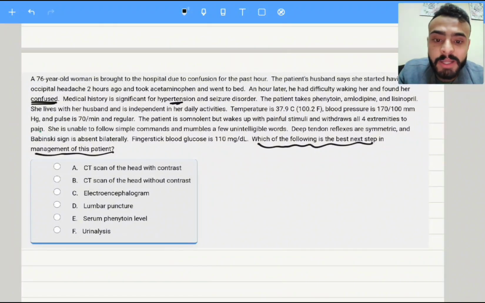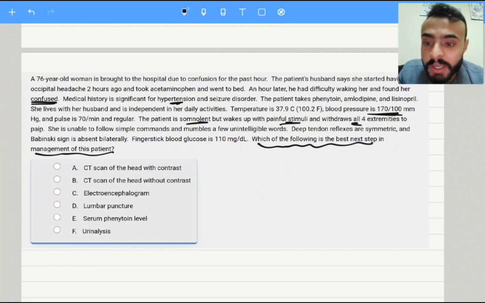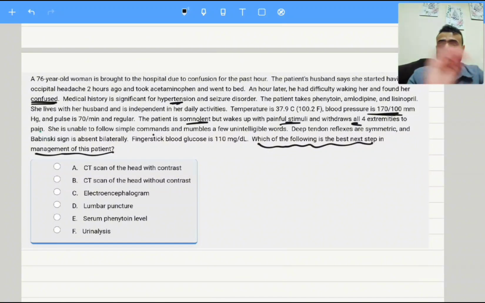She lives with husband. Okay, temperature normal, blood pressure is high. The patient is somnolent, but responds to painful stimuli and withdraws all four extremities. She cannot follow commands, mumbles a few unintelligible words. Deep tendon reflexes are symmetric. Babinski is absent. So we suspect stroke. The patient has hypertension. The patient now is somnolent, does not respond.